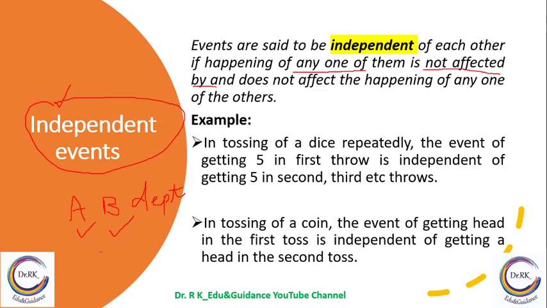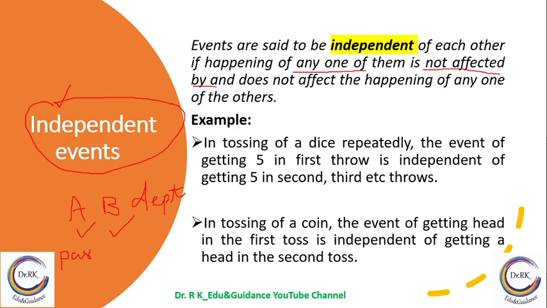Another example: A passing an examination and B passing the examination. Both are appearing for a university examination where marks will be awarded. Now, are these two events independent or dependent? Here they are independent events.